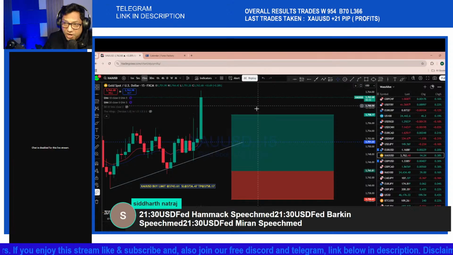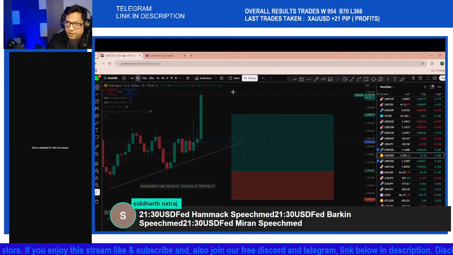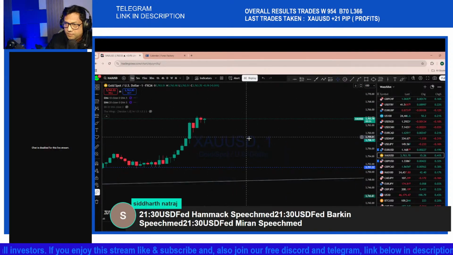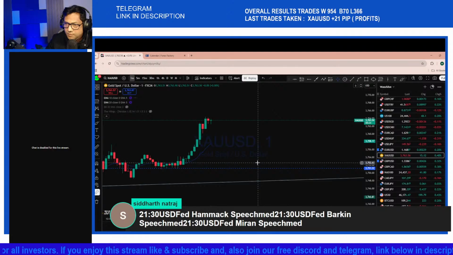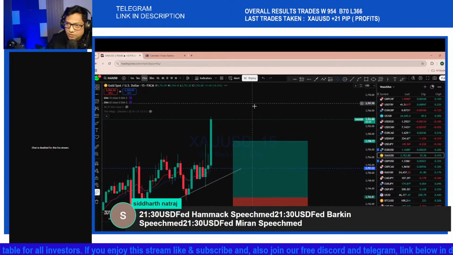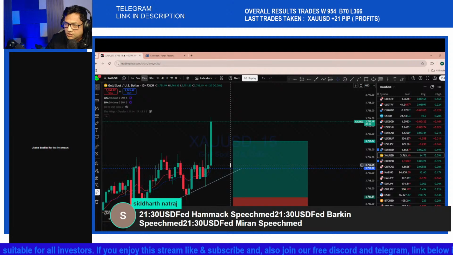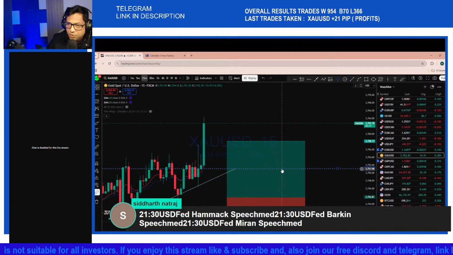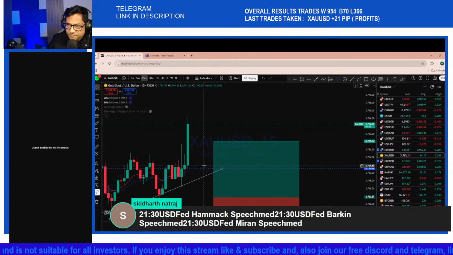You're waiting for a break of structure here. If we look at the 1 minute and 15 minutes as well, this is the current session's bullish impulse back to the upside here.